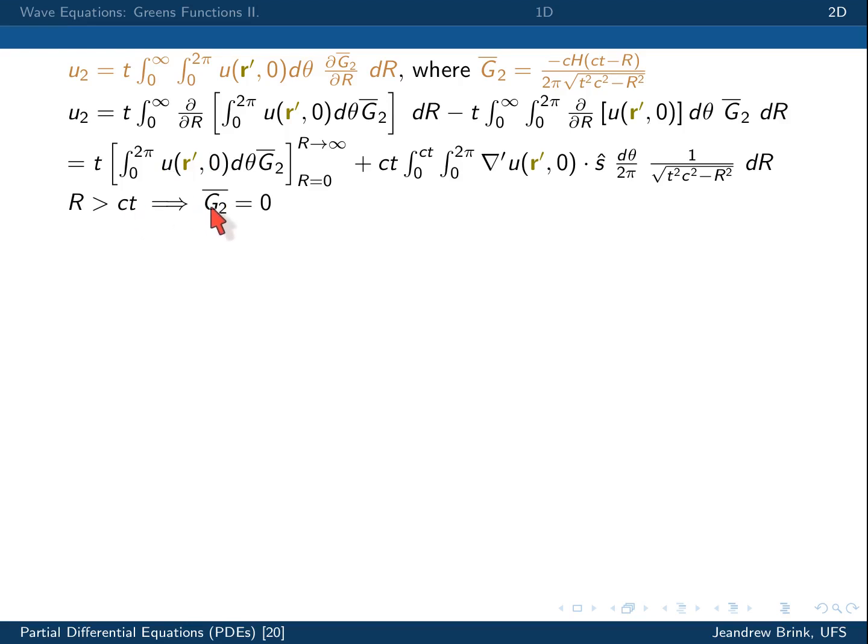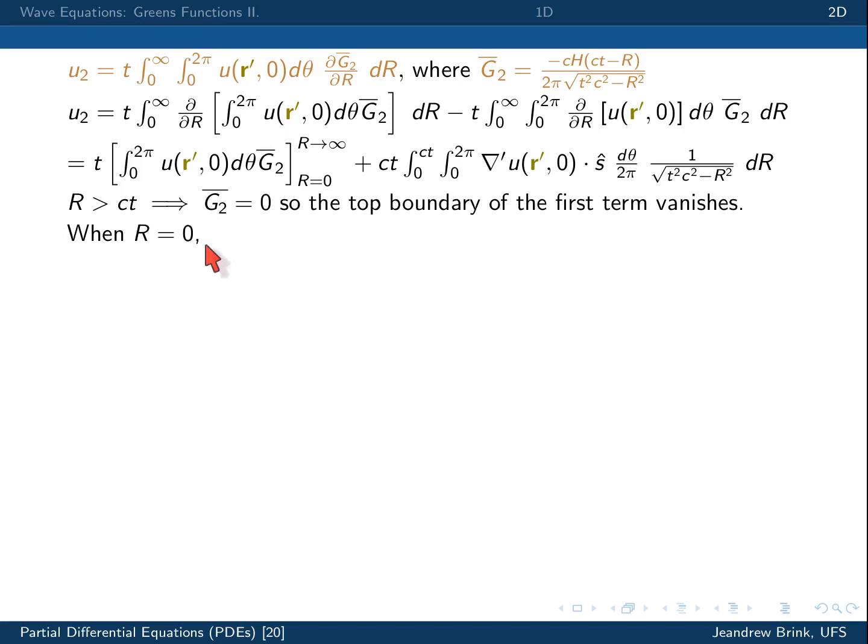So let's first look at this first term. Recall, and this is why I left the domain as infinite, for r greater than ct, g is equal to 0. In other words, it's only the cone where g2 is non-zero. So clearly when r goes to infinity over here, our g2 is equal to 0. So that term doesn't contribute at all. Where r equals 0, you're basically evaluating u, not at the source point, but at the field point.